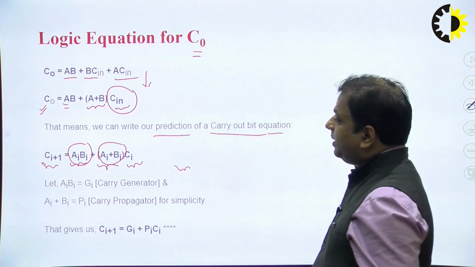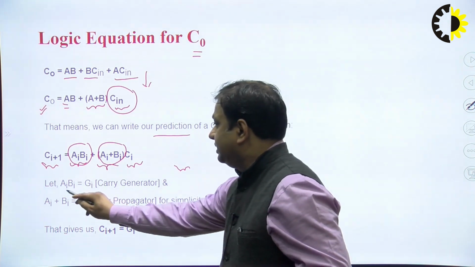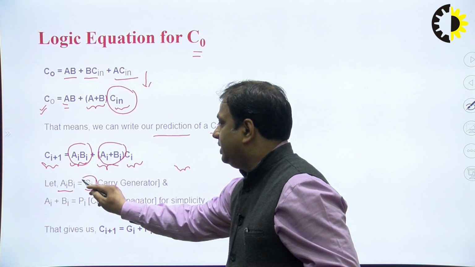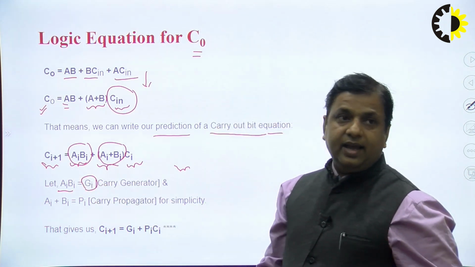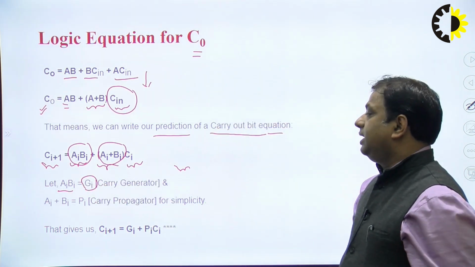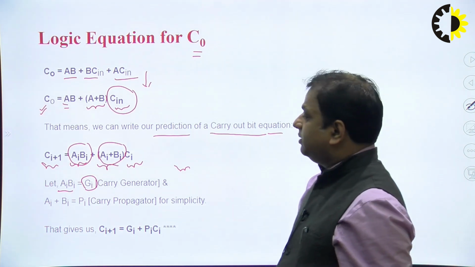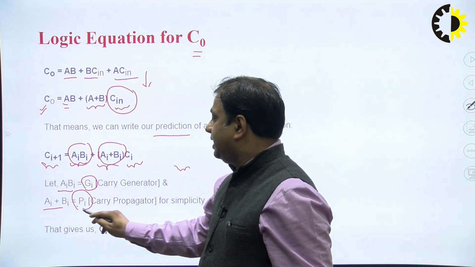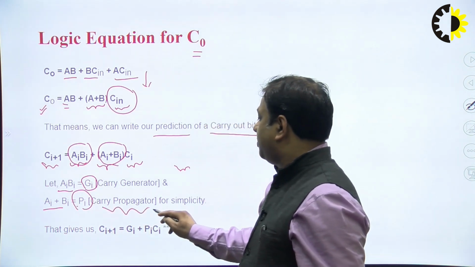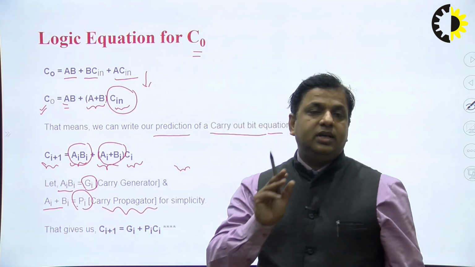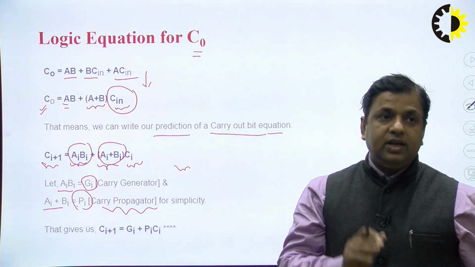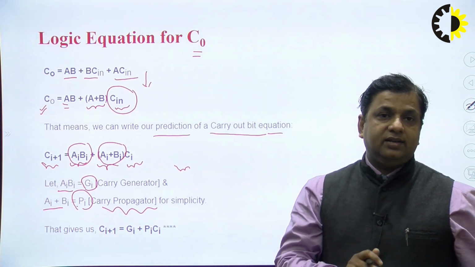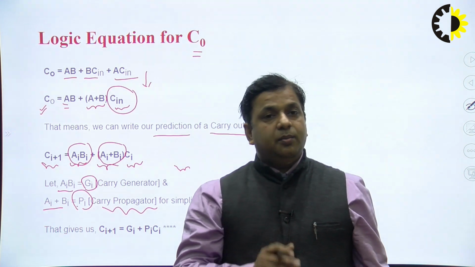Ai Bi, written as Gi, that is Ai into Bi, is known as the carry generator, and Ai plus Bi, written as Pi, is known as the carry propagator. These terms are to be memorized, that is, what the carry generator is and what the carry propagator is.